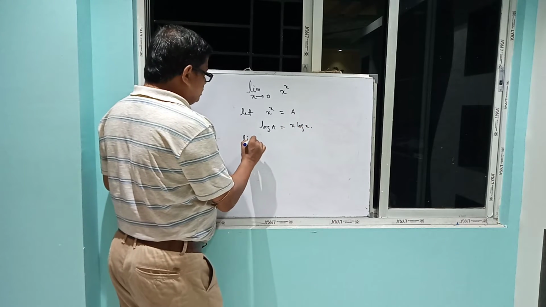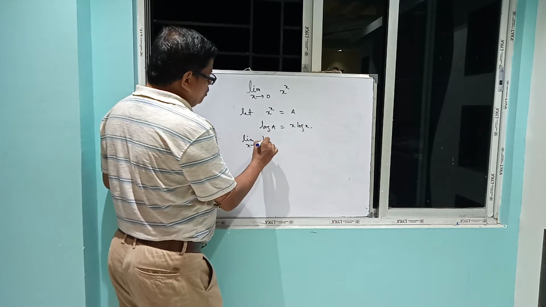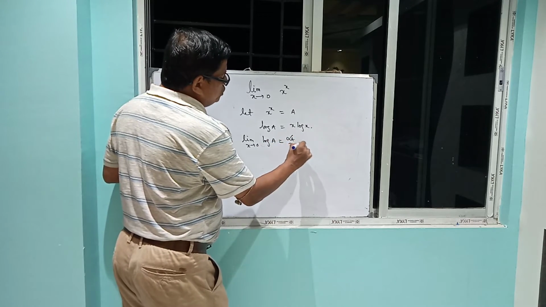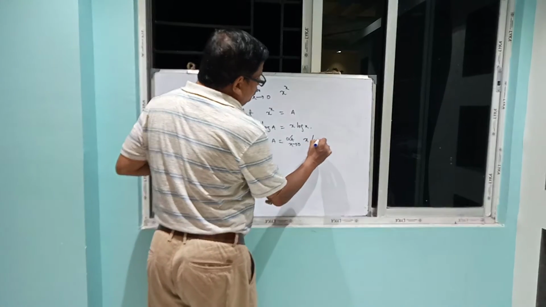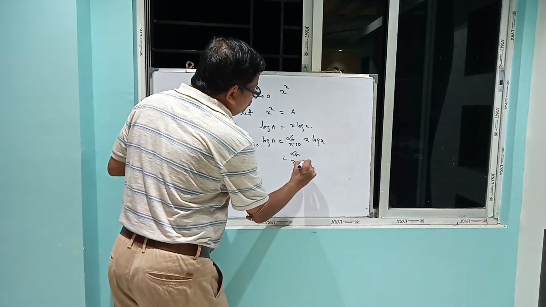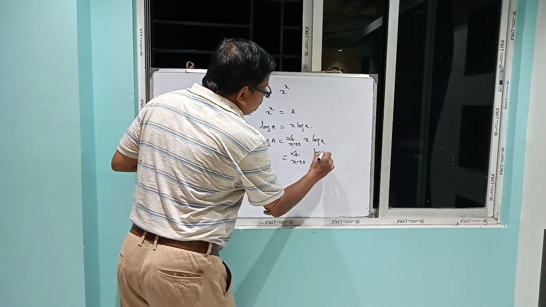So limit x tends to 0, log a equals limit x tends to 0, x log x. So you can write limit x tends to 0, log x by 1 by x.